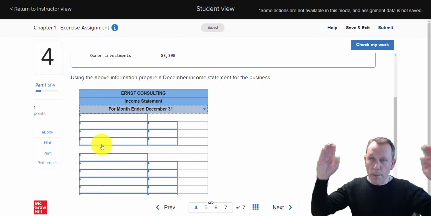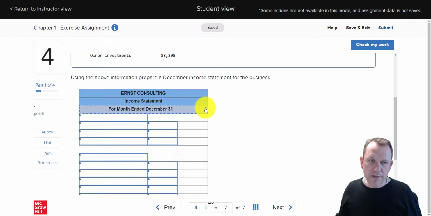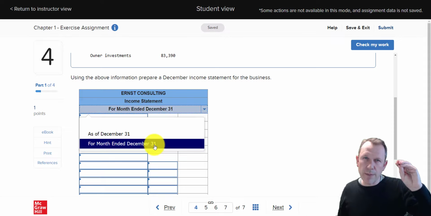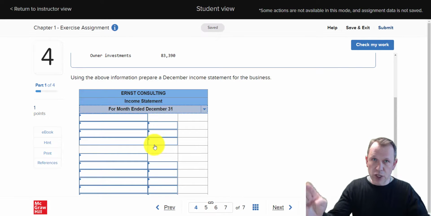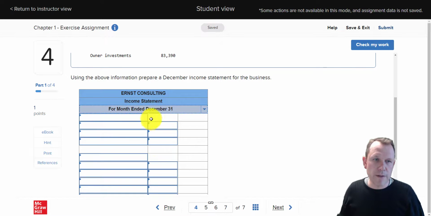We're going to do it for the whole month, from the first of the month all the way through December 31st. It's not going to be "as of" December 31st. That's used for our balance sheet, because that's just a snapshot: where is it at this date? Instead, with the income statement, we're taking that chunk of time, the whole month ending December 31st.